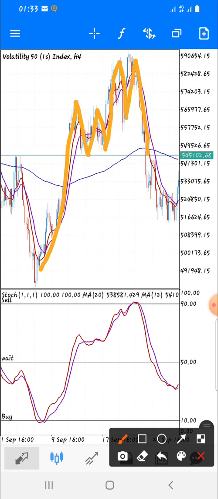You see, this is the merger zone, the support zone, which is going to be a resistance level.